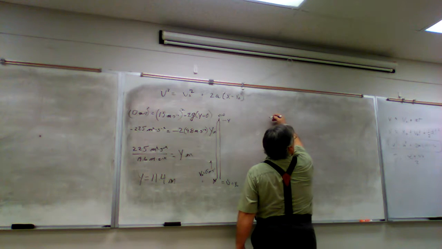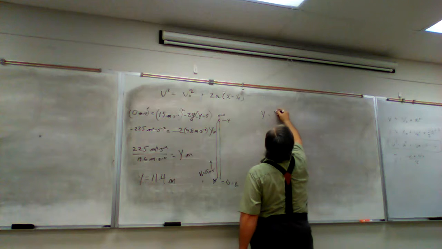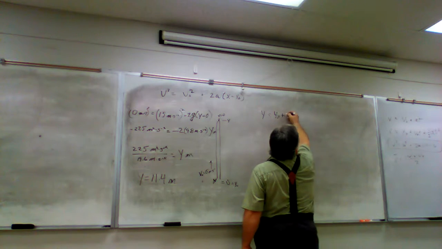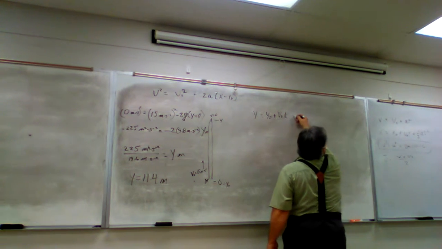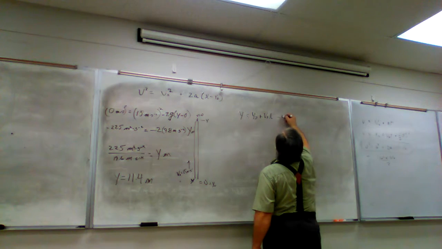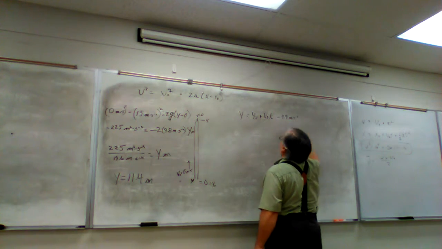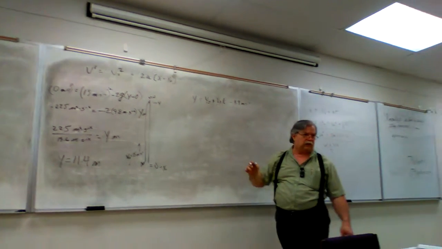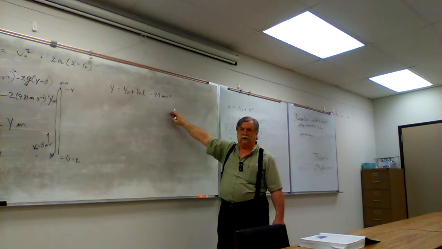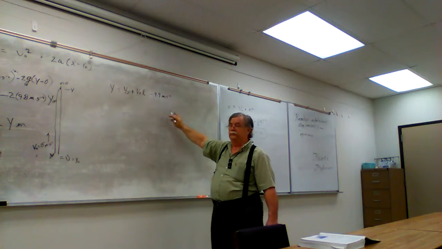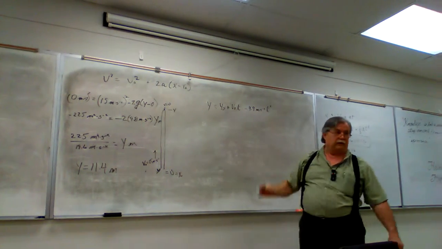We know that y is equal to y sub naught plus v sub naught times t minus 4.9 meters per second squared times t squared. Is everybody okay with me going ahead and dividing 9.8 by 2, taking the 1/2 g and doing that already? That's where the 4.9 comes from.